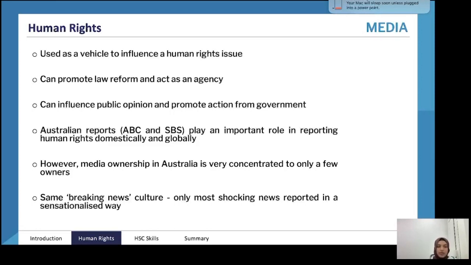So, Australian reporters such as the ABC or SBS play an important role in reporting human rights domestically and globally as well. However, media ownership in Australia is very concentrated to only a few owners, so that can play a role as well. So this idea of the breaking news culture, only the most shocking news is reported in a sensationalized way.